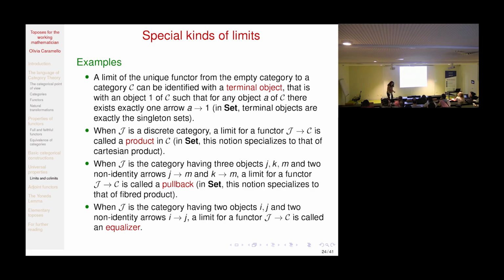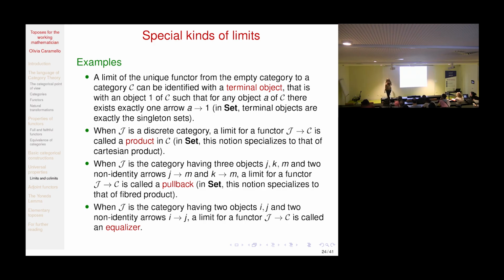Okay, so we take a category of this shape. We have three objects and arrows connecting them like this. So two objects which are sent to a third one, like this.